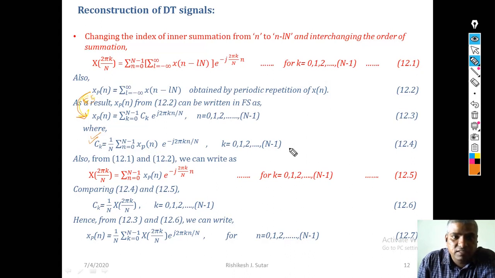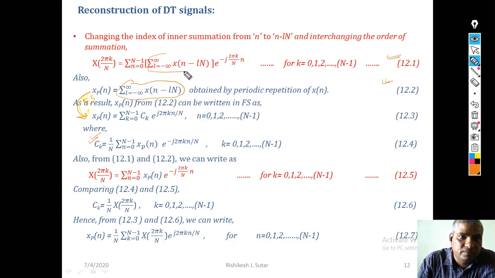Now if we consider these two expressions here, 12.1 and 12.3, then this summation is actually here. So this I can replace with xp of n.